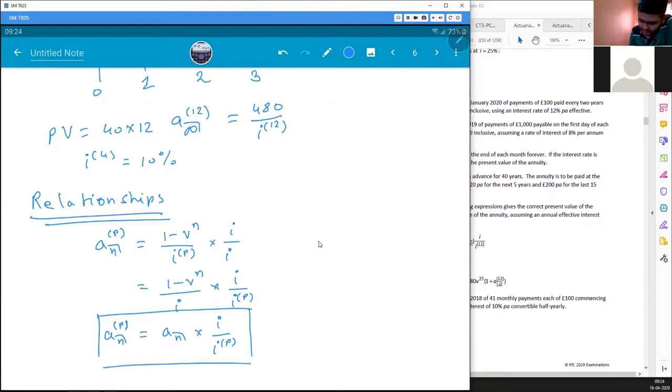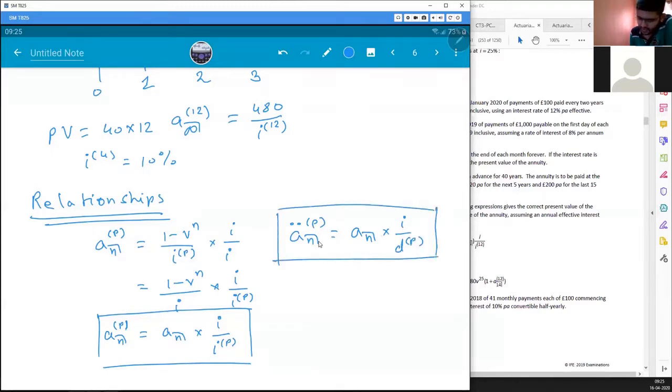Same thing we can do with a-due-n payable p times, rather than in a-due form, we'll write this in terms of a-n again, a-n into i upon d-p. We'll relate everything to a-n. It's just easier, that is why.